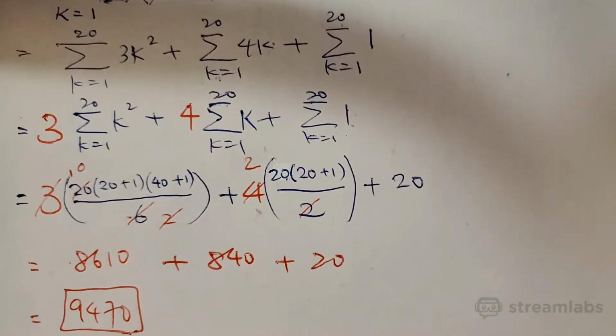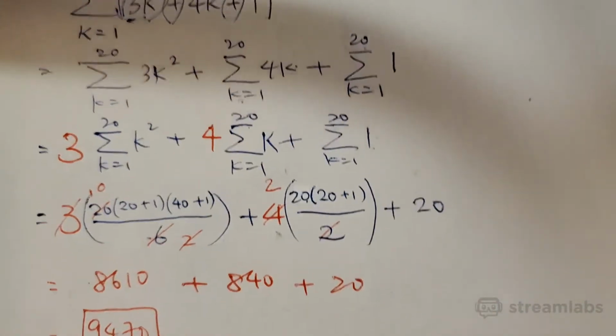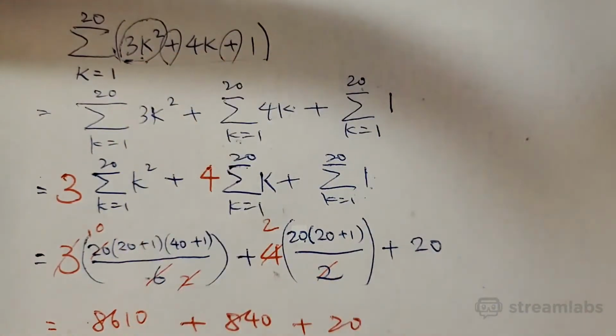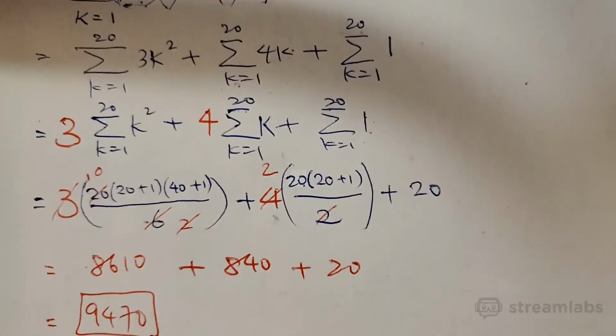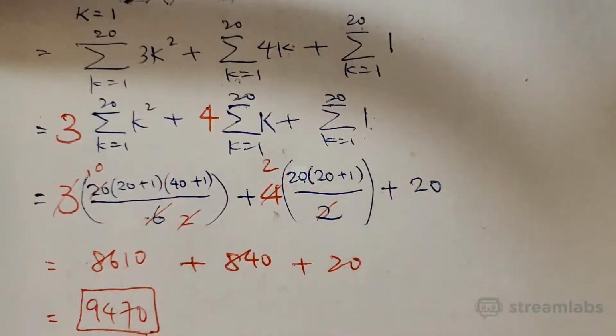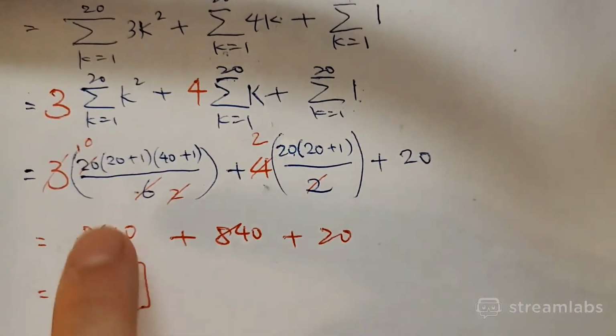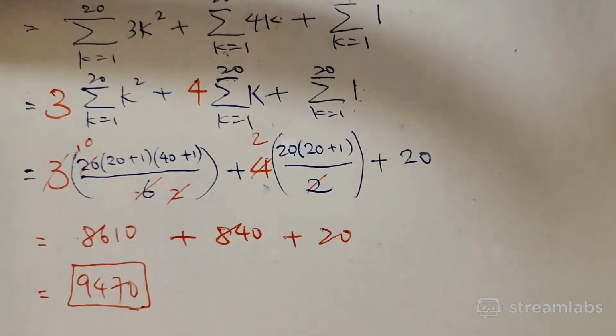So the process: first you split the sigma. Once you split the sigma, you pull out the coefficient. Once you pull out the coefficient, then you can apply the formula we had before. And once you get that, you can calculate it based on your n. Okay? Do you guys get all the equation down already?